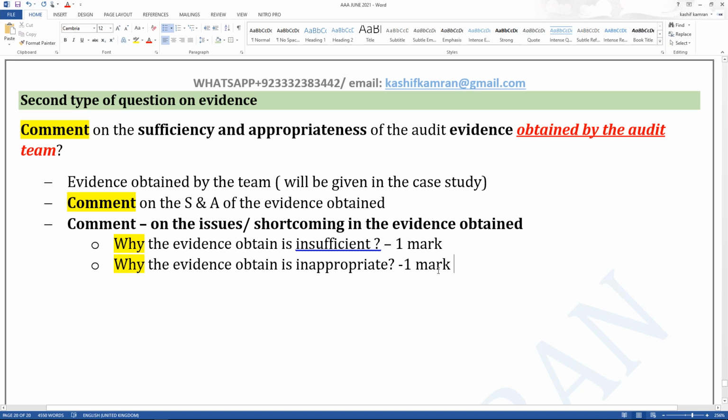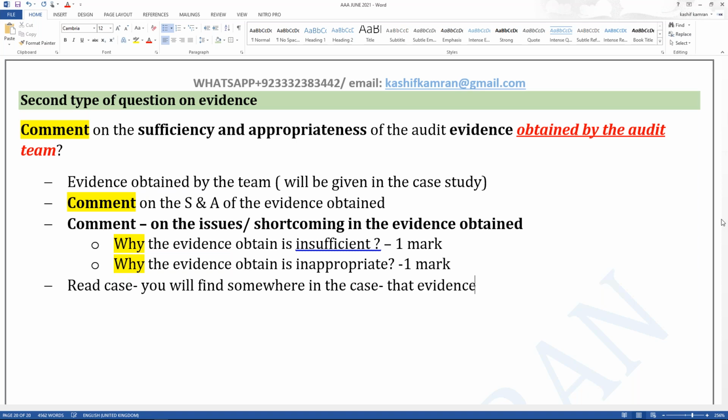Rather than thinking about sufficiency and appropriateness when you are reading the case, you will find somewhere in the case that the evidence gathered by the team, now look at the word I'm using, is not adequate. See, I've come out of the classification. You will find somewhere in the case that the evidence gathered by the team is not adequate. Annotate it.